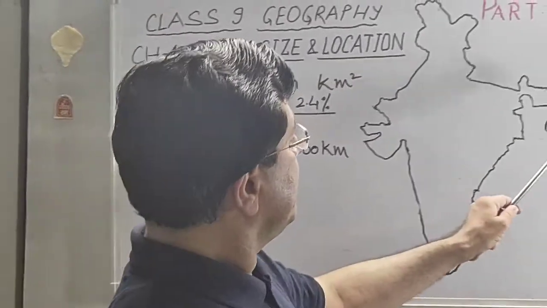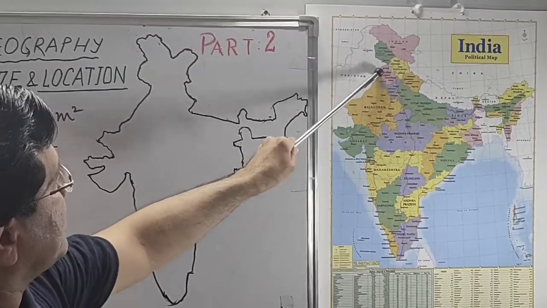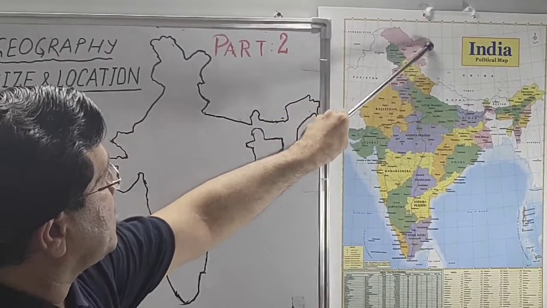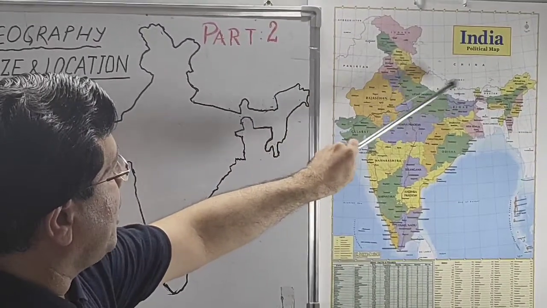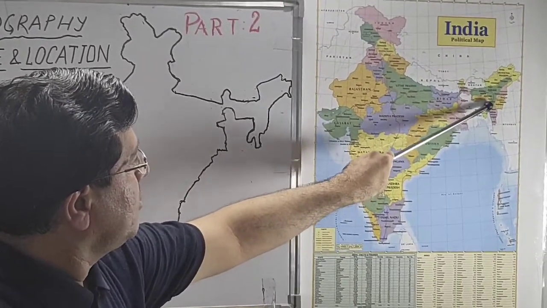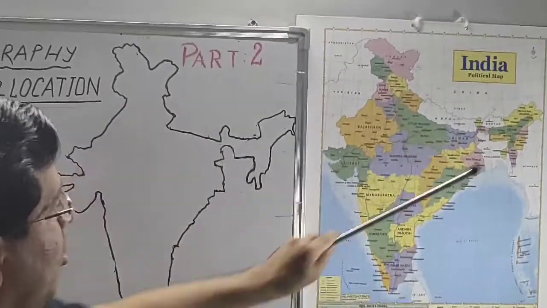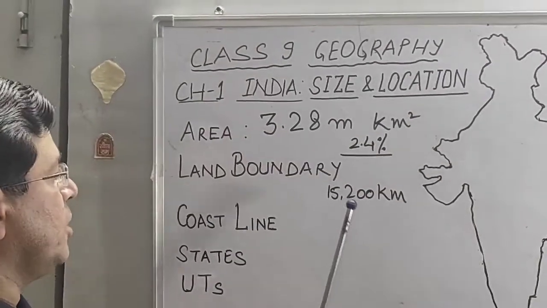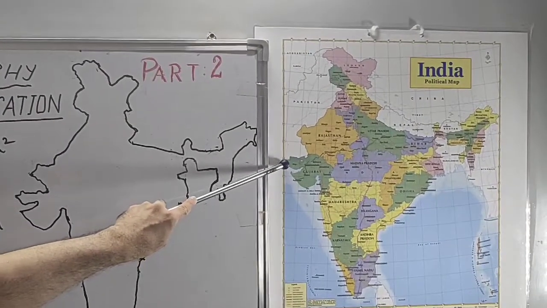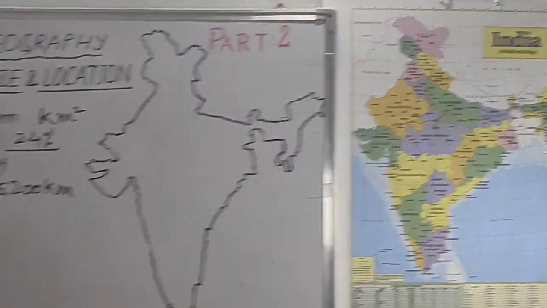Land boundary from Gujarat, here we have Pakistan, Afghanistan, China, then Nepal, Bhutan, Myanmar. Okay, so almost till here, till West Bengal. This is 15,200 kilometer.